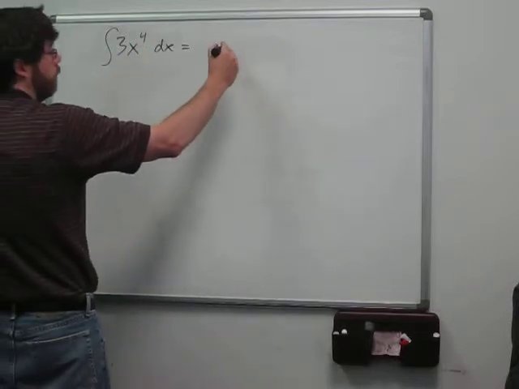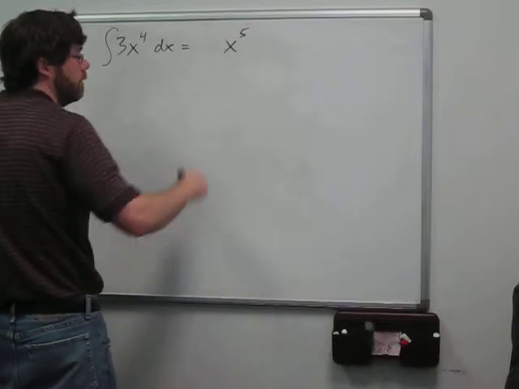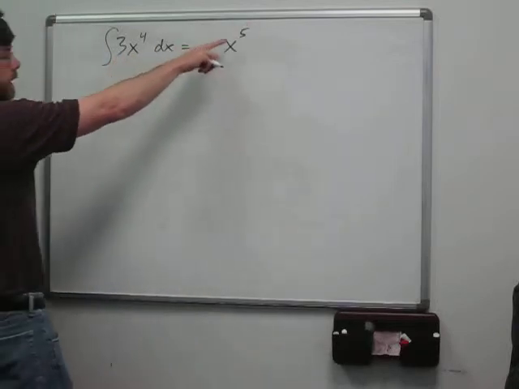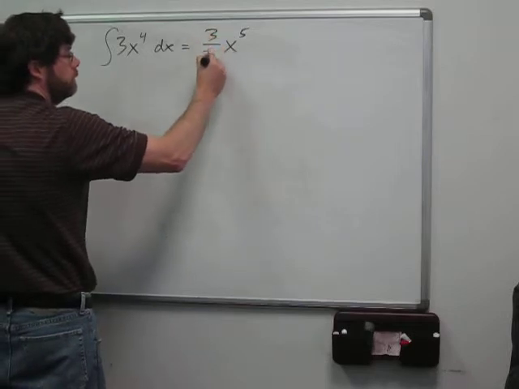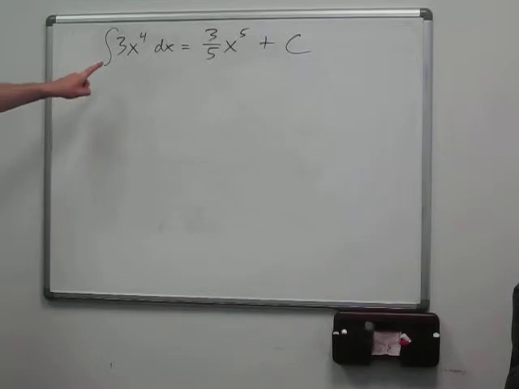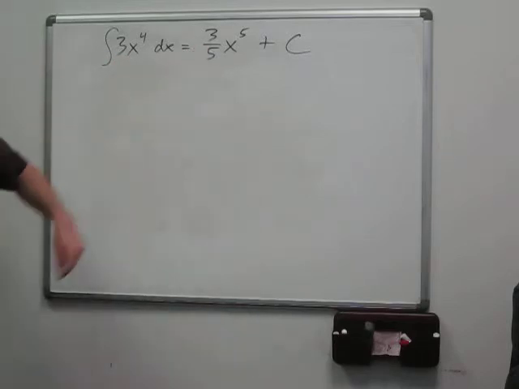So I want to add 1 to this power, and then take the coefficient and divide by the new power. So the antiderivatives of 3x to the fourth are 3/5 x to the fifth plus c.